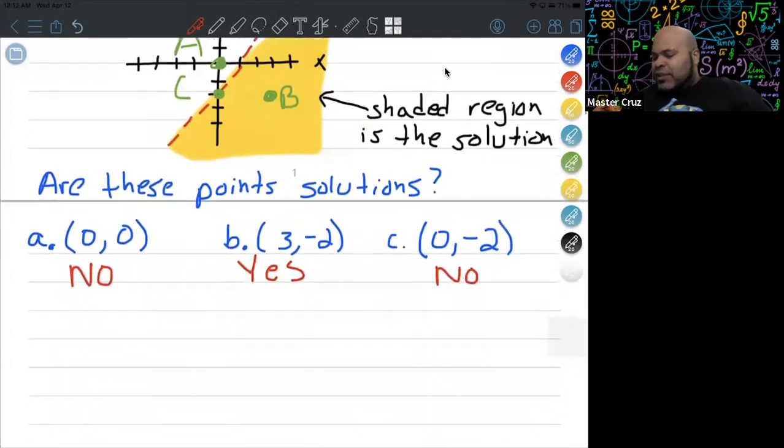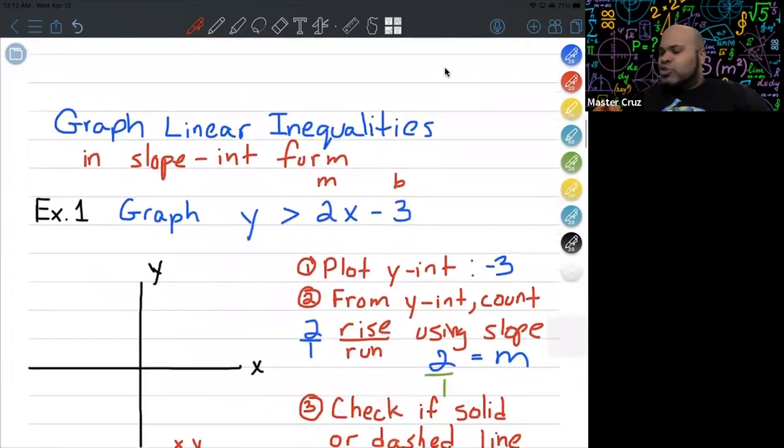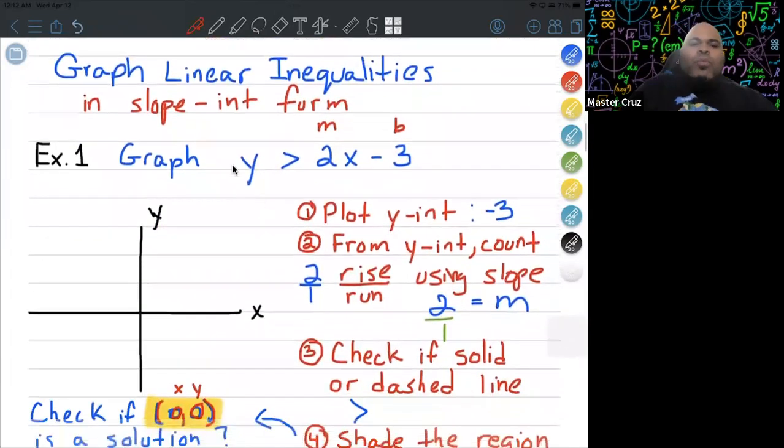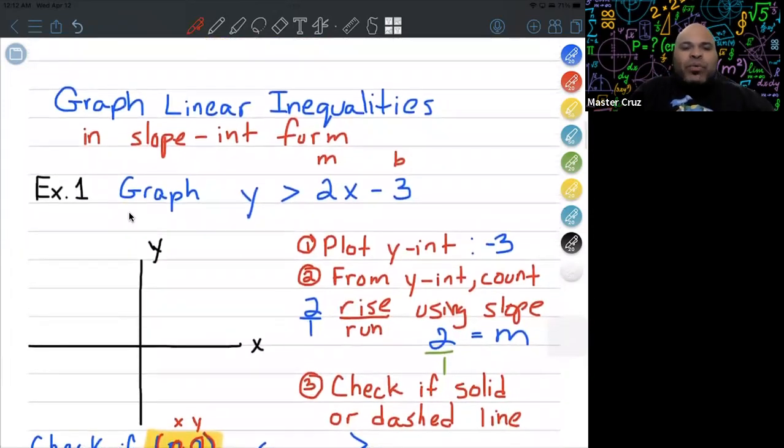So let's graph these. Example 1. How can we graph these in slope-intercept form? Well, here are the steps to graph an inequality. If I give you a linear inequality, example 1, it says y is greater than 2x minus 3. The first thing that you could hopefully see is that this is in slope-intercept form.